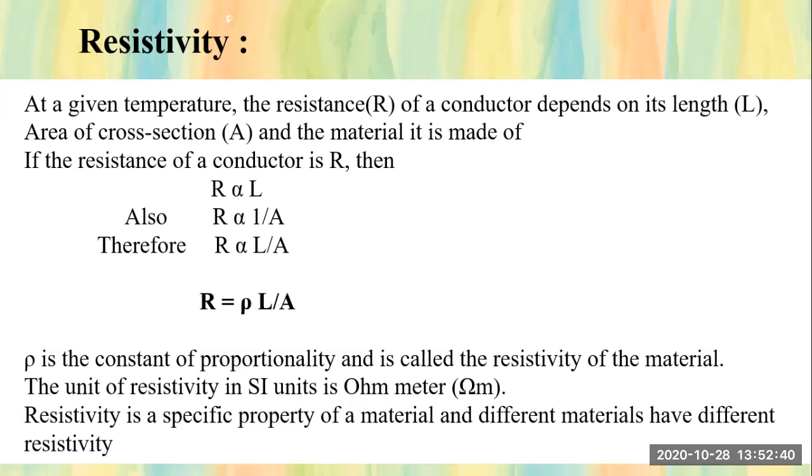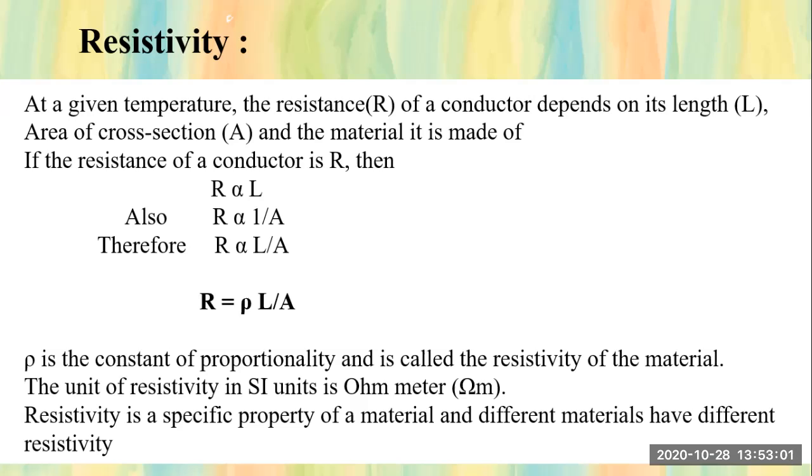Therefore, when we unite these two proportionality terms, we get that R is directly proportional to L upon A, because R is directly proportional to length and inversely proportional to area of cross section.